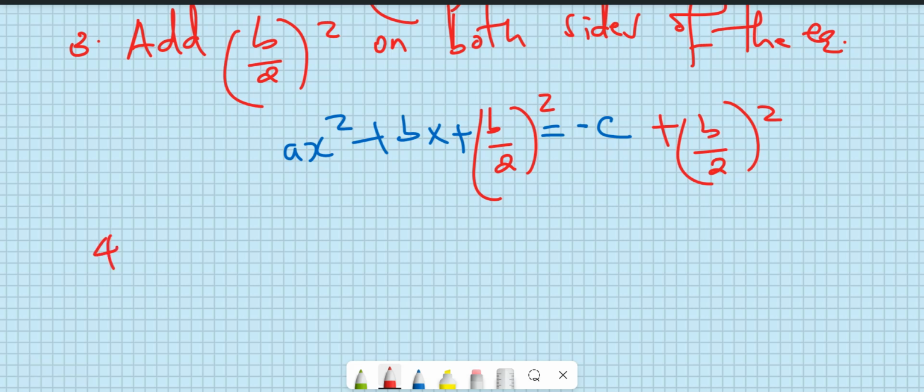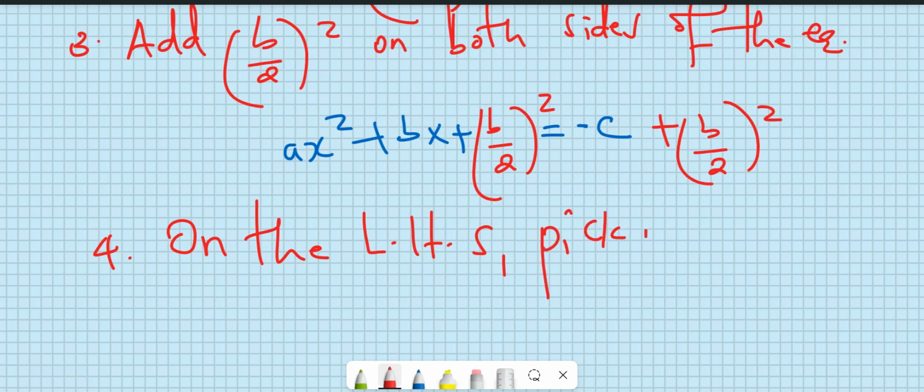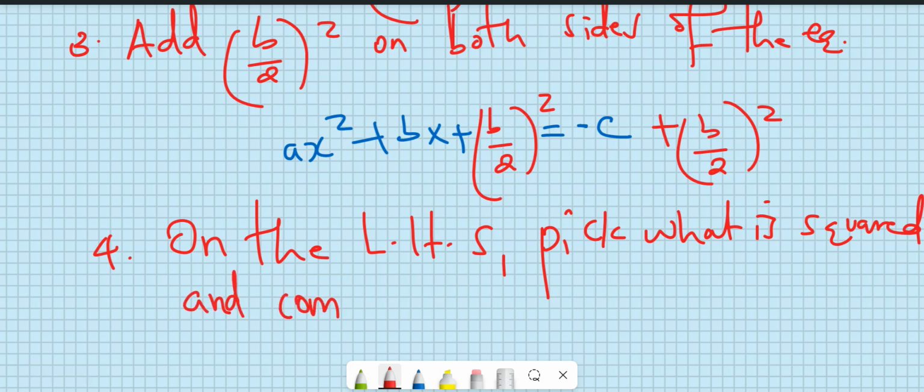Step number 4 is pick, on the left hand side, pick what is squared and combine them into one unit. Yeah, how is that?